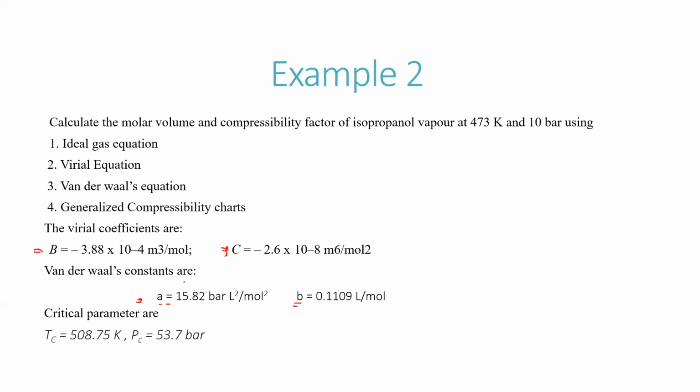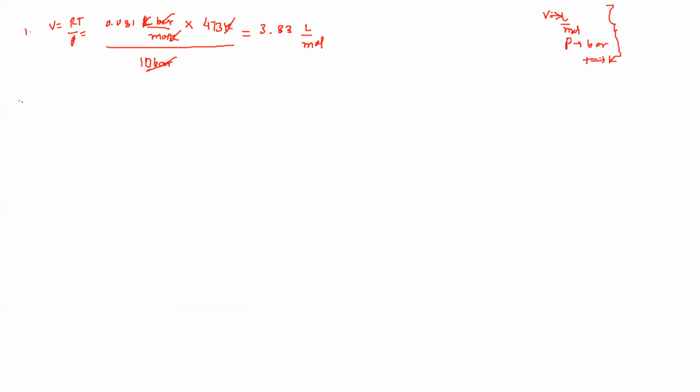So B, which is minus 3.88 into 10 to the power minus 4 meter cube per mole, we'll convert into kilomole. So we'll get minus 0.388 meter cube per kilomole, or liter per mole.